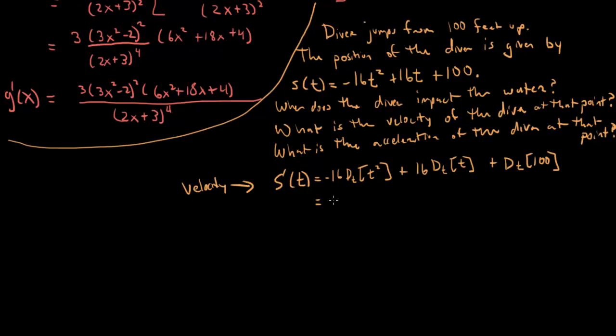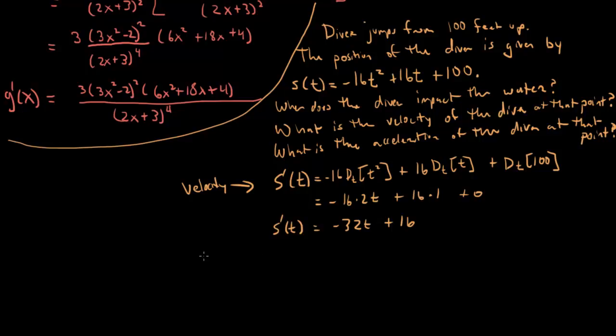Well, this one just turns out to be 2t. So I have negative 16 times 2t plus 16. What's the derivative of t? That's just 1. What's the derivative of a constant? That's 0. So here that's negative 32t plus 16. Okay, so that's our velocity function, s prime of t.